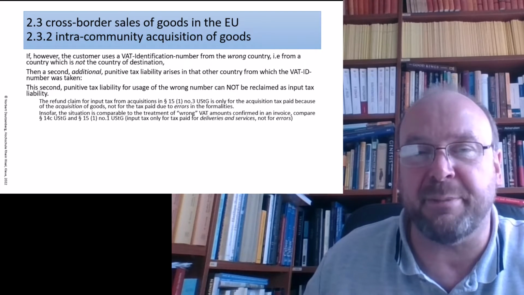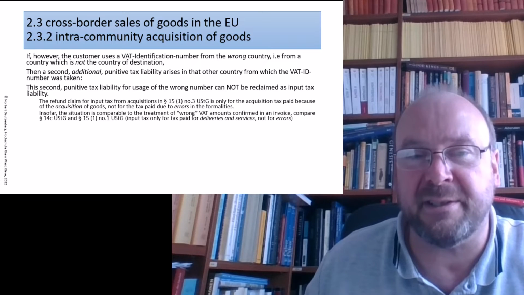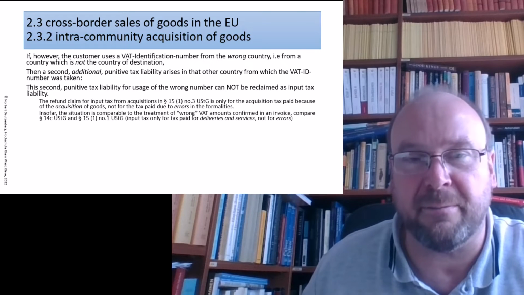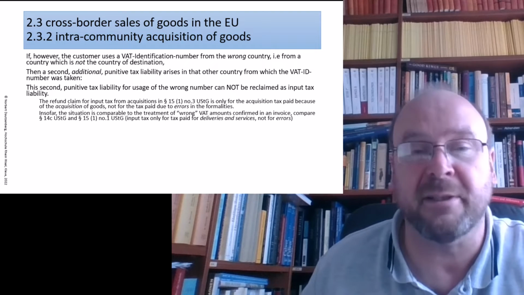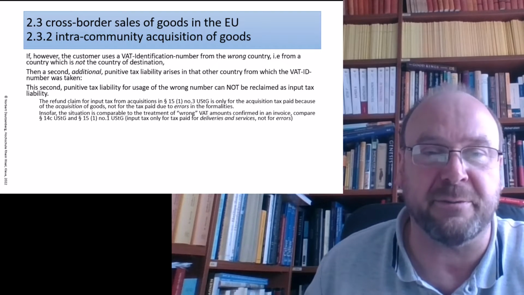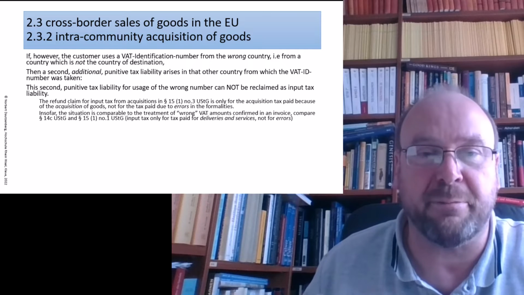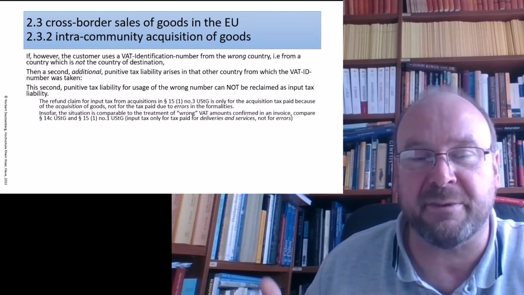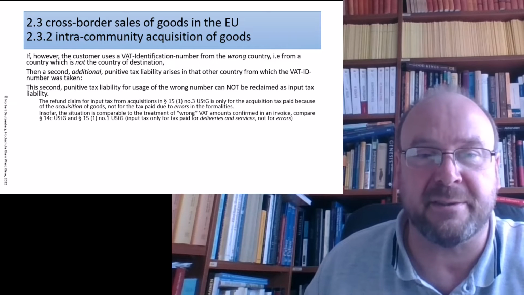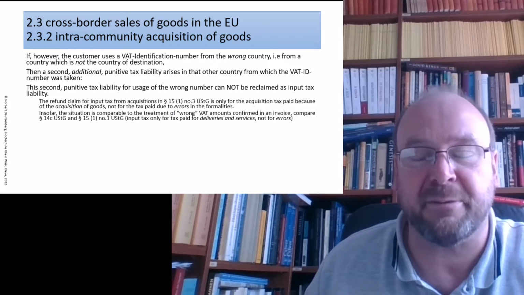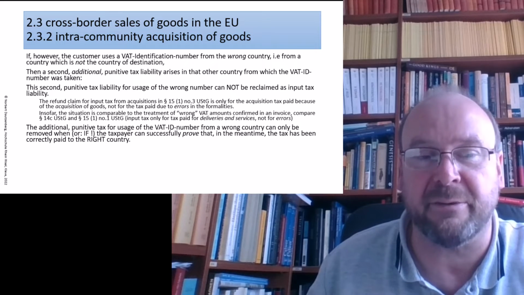So that's a bit comparable to the cases where you issue an invoice where you confirm, let's say 19% tax, although only 7% is due for chocolate. Then you have to pay the exceeding amount, but the recipient can't reclaim the erroneous exceeding or surplus amount. So exactly the same idea, similar reaction.